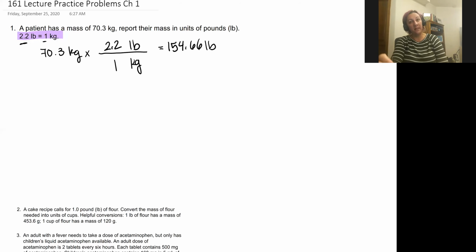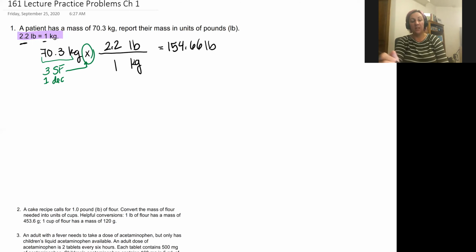Before I'm done, I'm going to double check my significant figures. The patient was weighed, so they have a mass of this 70.3 kilograms. And so that's three significant figures and one decimal place. I'm using multiplication.